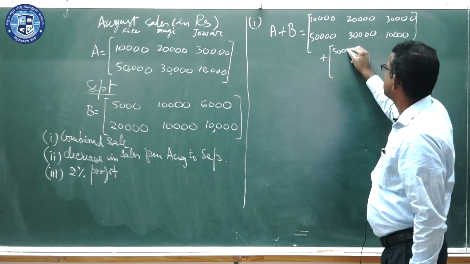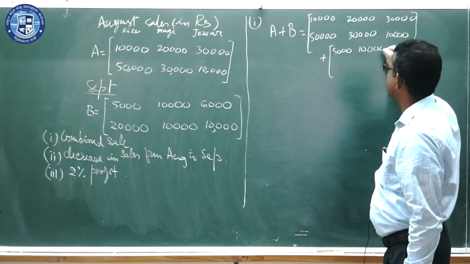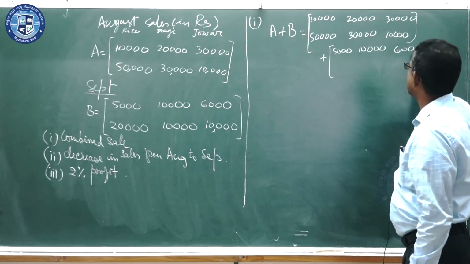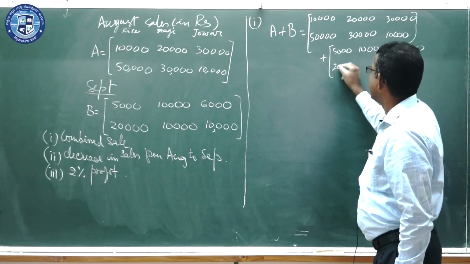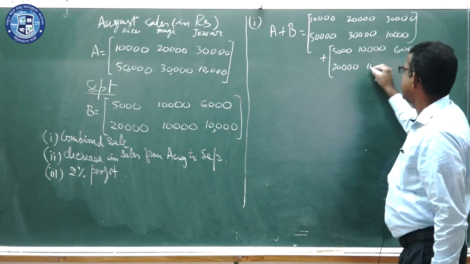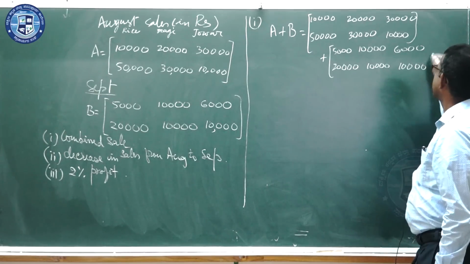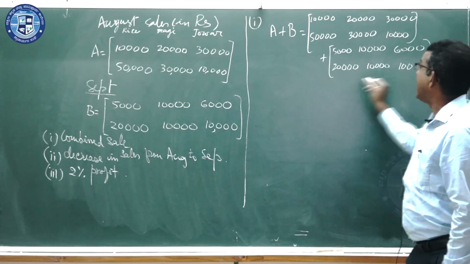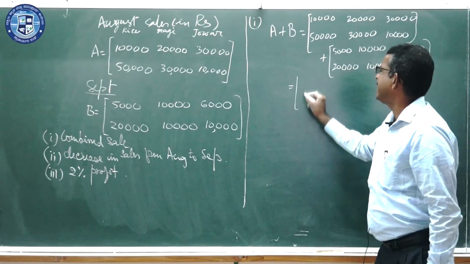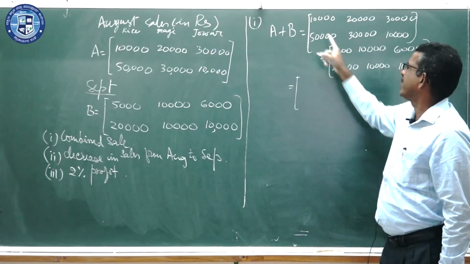5,000, 10,000, 6,000, 20,000, 10,000, 10,000. So the answer would be what you get on adding the two matrices, we need to add corresponding elements.